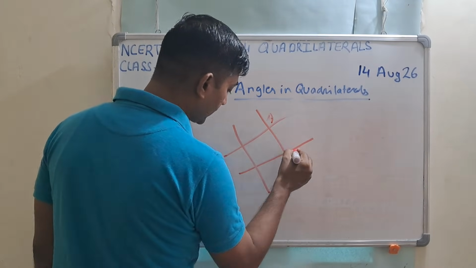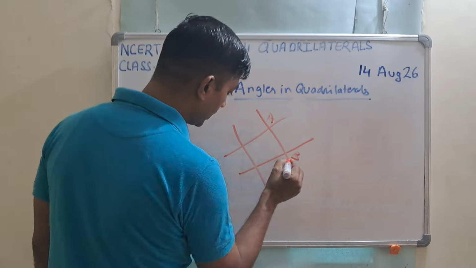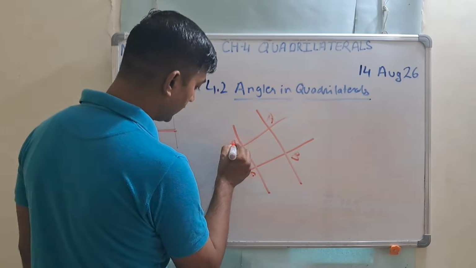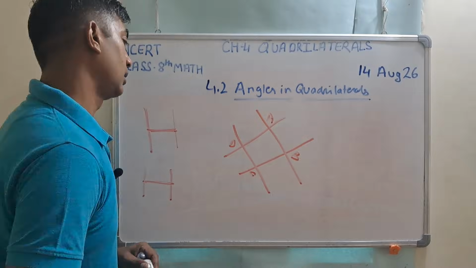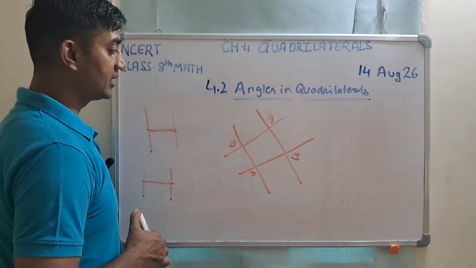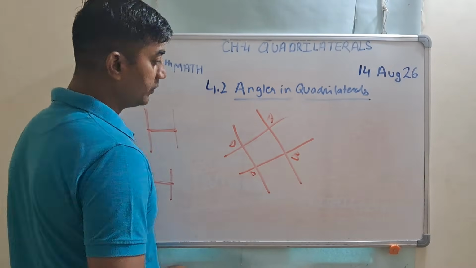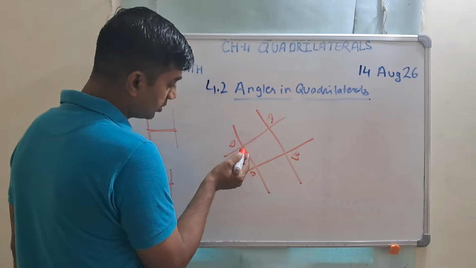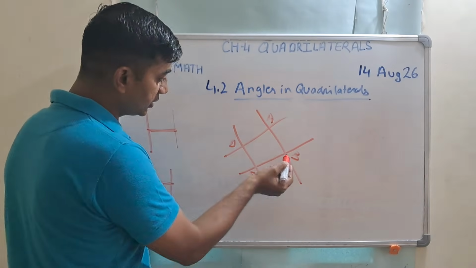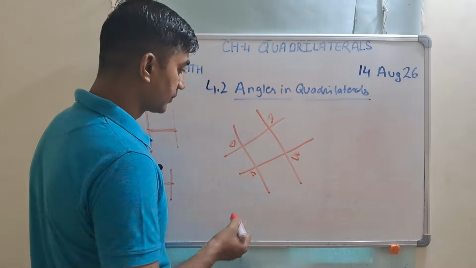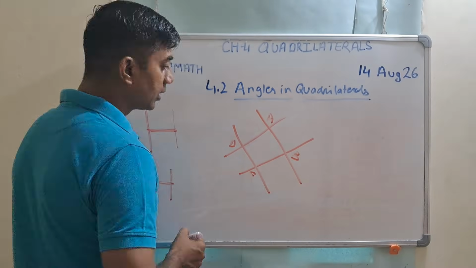If we mark it as A, B, C and D, we can see that ABCD is a quadrilateral, in which DC is parallel to AB and AD is parallel to BC.